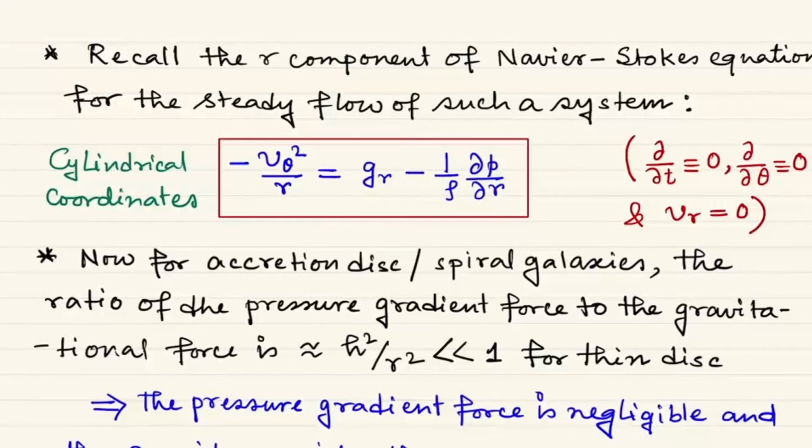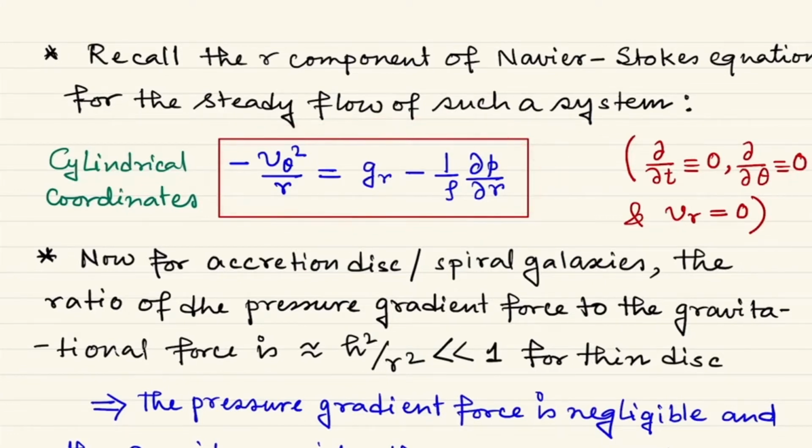For example, using the z component, we obtained the condition for thin disk, and using the r component of the Navier-Stokes equation, we obtained the Kepler's criterion, right? So here we will actually follow the same methodology.